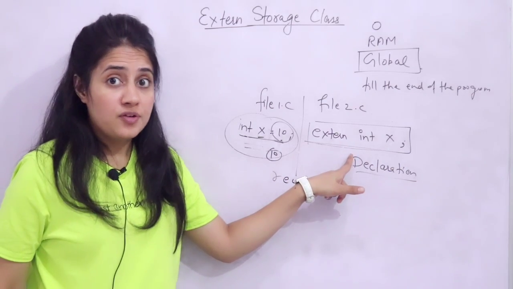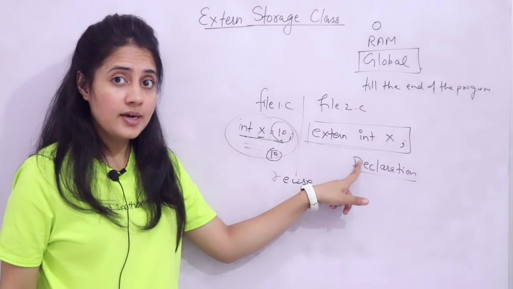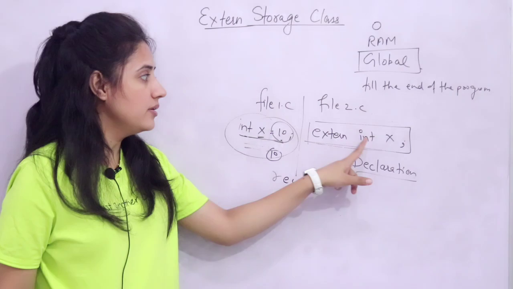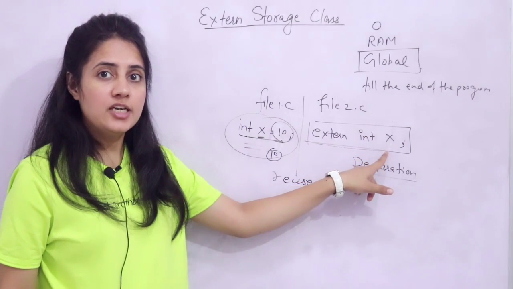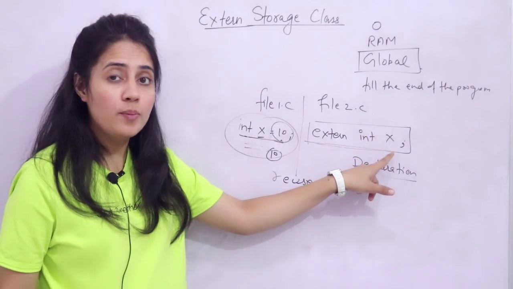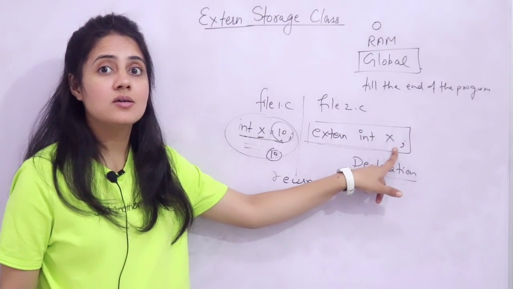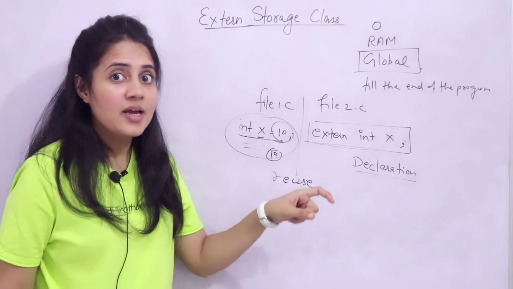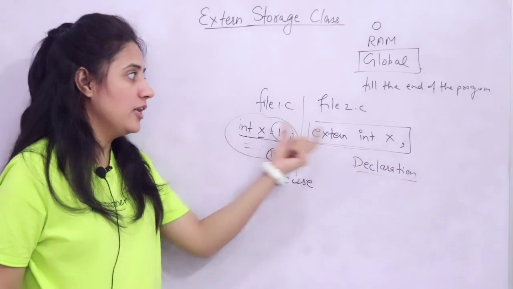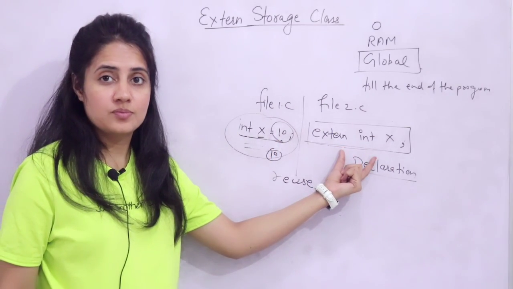So better not to define this variable here. Simply use extern int x. It means no memory would be allocated to this x, so it is saving of memory, and I am using this x value in the second file also.